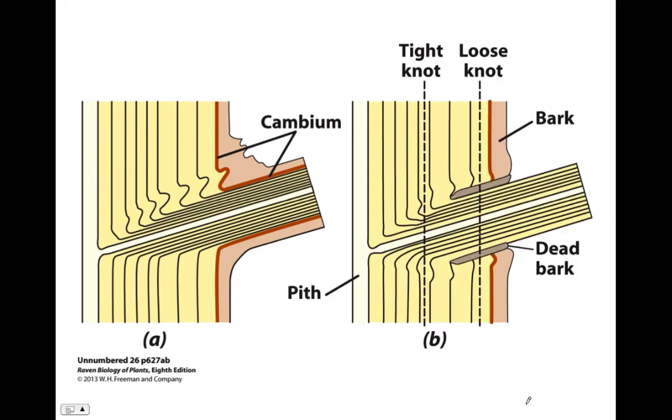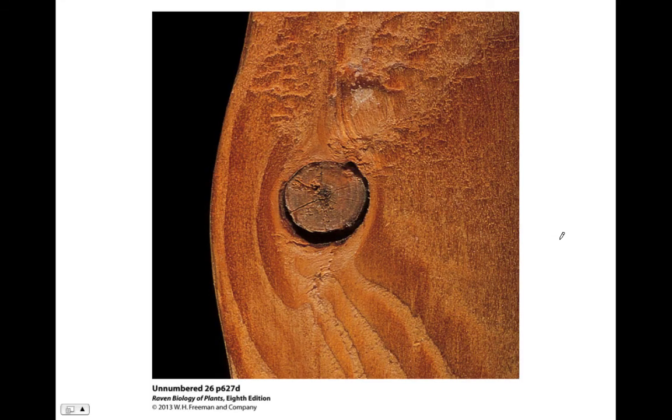Now if we look at this branch down the line, in this case the branch has now died, and the cambium that extends below the branch and above the branch is no longer continuous with a cambium on that branch itself. And because of this, we end up with a region of dead bark. Okay, there's no longer any functioning phloem there. And this gives rise to what we know as a loose knot.